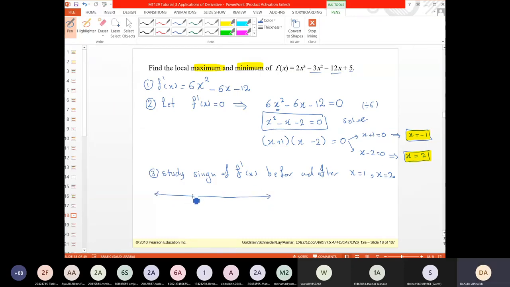We plot the points. This is minus 1 here and this is 2. Right? Minus 1 is a little bit before the 0 and the 2 is after the 0. So this will cut my number line into 3 parts. We will study the sign of f dash x here. Let me highlight this.